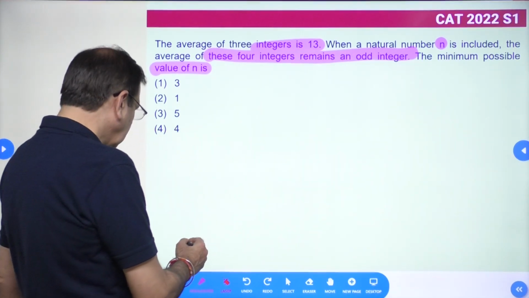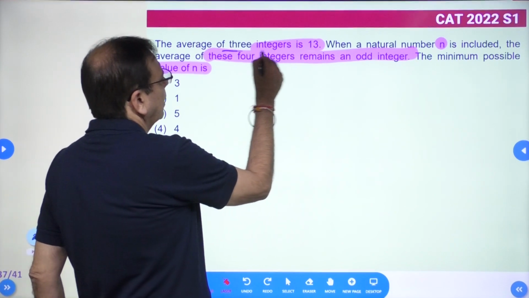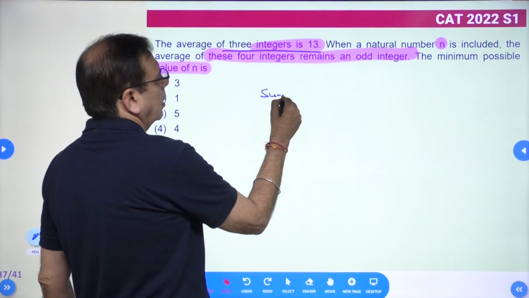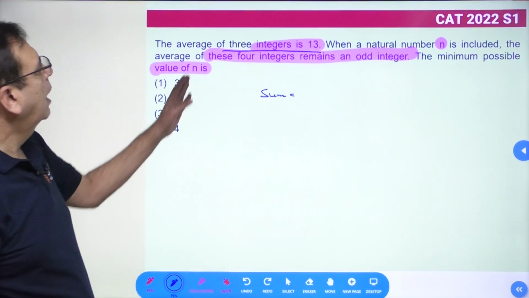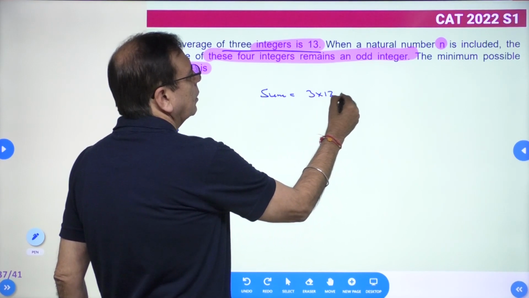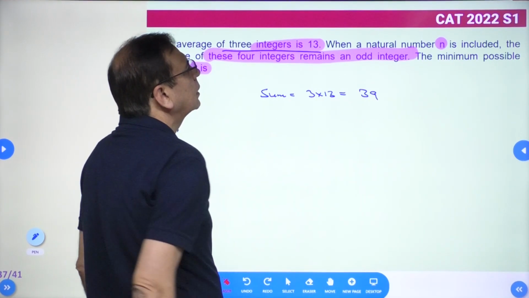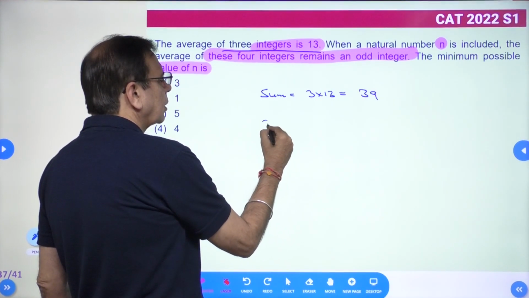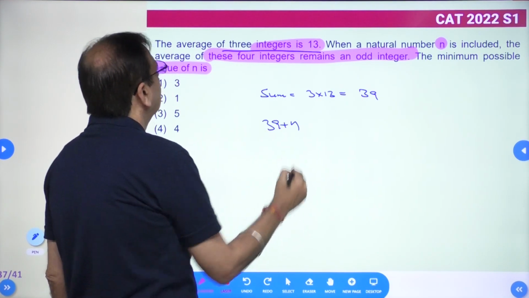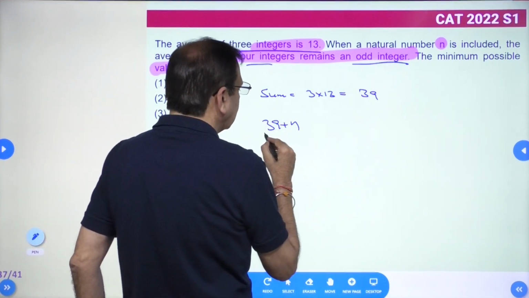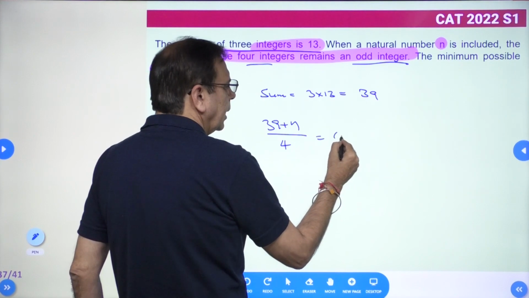So the average of 3 integers is 13. So sum of 3 integers will be 3 into 13, which is equal to 39. What does it say? A natural number n is included. Agar n include kiya to sum will become 39 plus n. Okay. The average of these 4 integers remains an odd integer. So divided by 4 should be an odd integer.